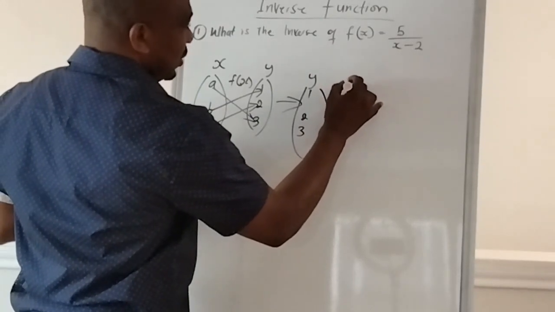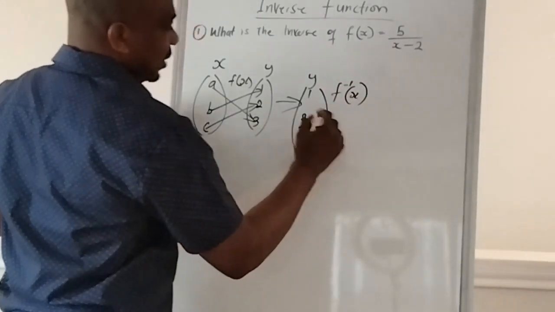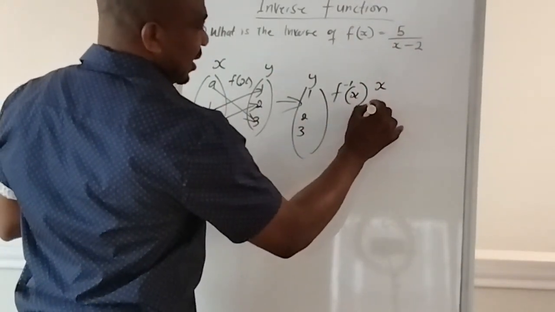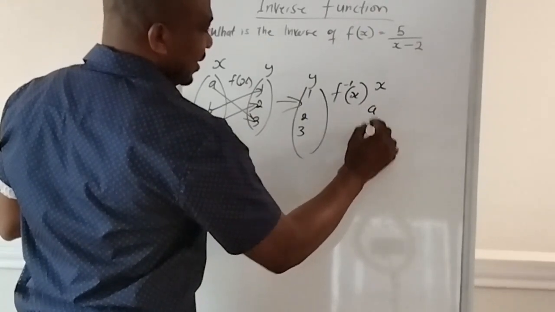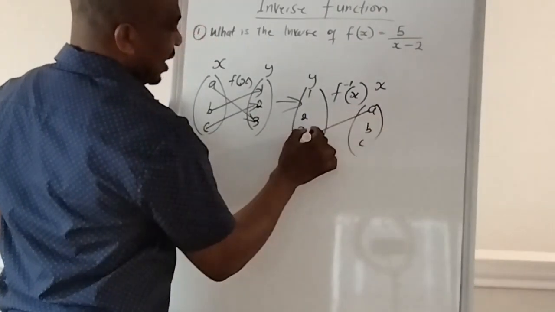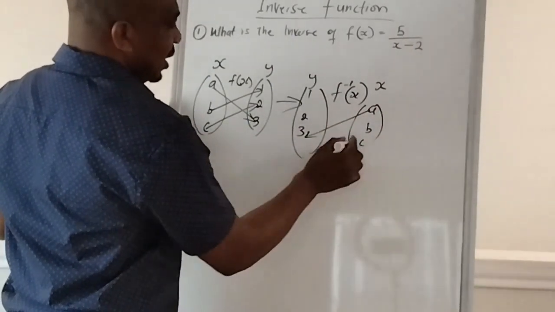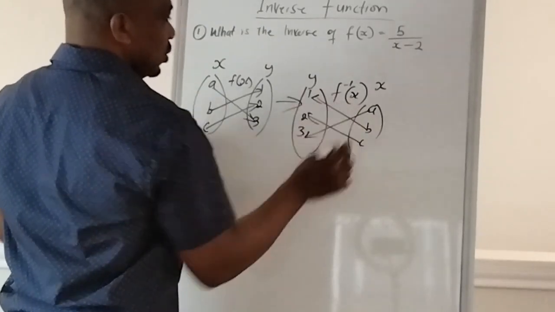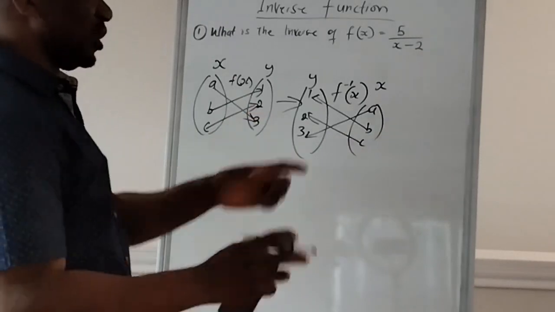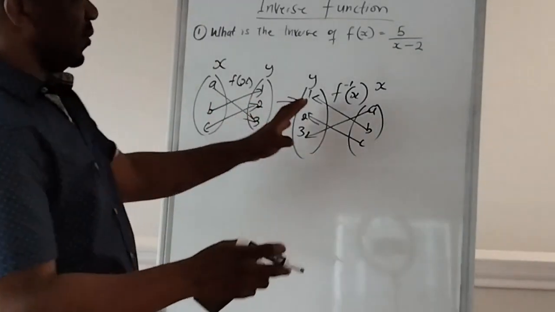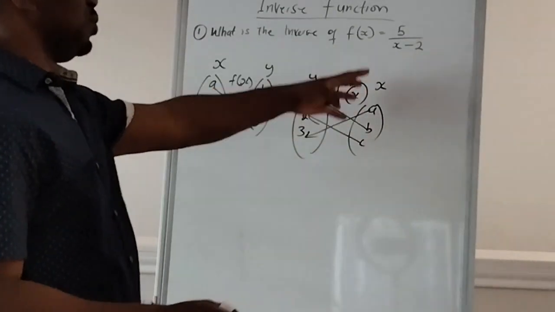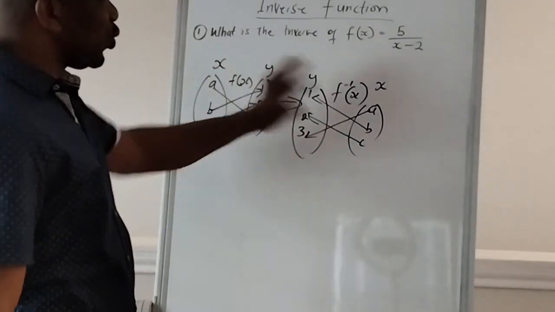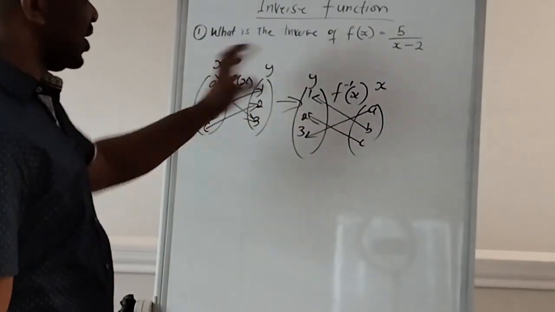So for the inverse function, we have the domain as x, with a, b, and c, and I have a pointing to 3, c pointing to 2, and b pointing to 1. What I've done here is just give you an illustration of how to solve a typical problem under inverse function. Switching x and y, that's what it means.